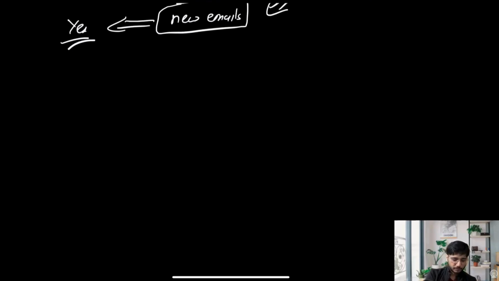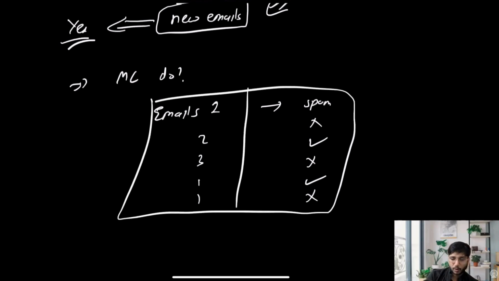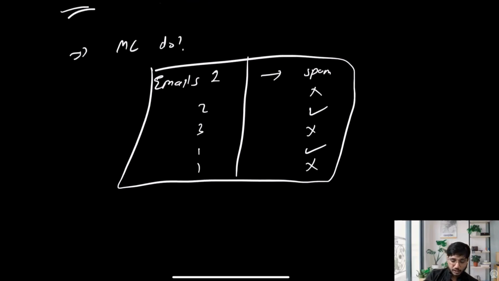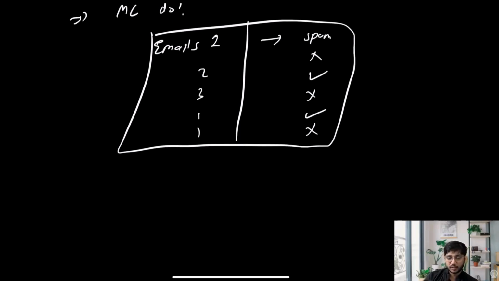You will see how. Now let's see ML. What will ML do? It will take all your emails, one, two, three, and so on, along with whether each is spam or not spam. When you feed this data to your ML model, it will automatically find out that, okay, these are the keywords which I need, and this is how I need to find whether something is spam or not spam.